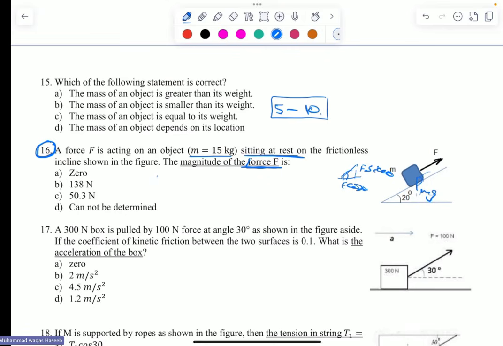So the force will be, because it's along the incline, mg sine theta. When you substitute the value, sine 20 degrees, you will get 50.3.